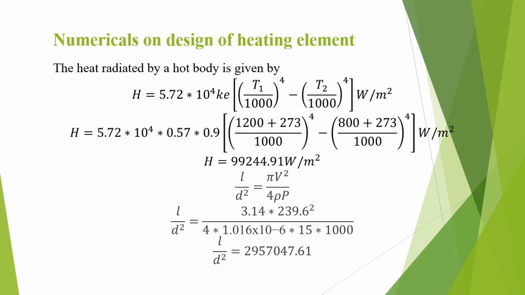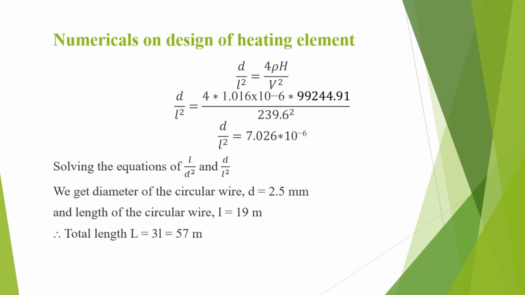Also, we have the equation of L by D square, that is pi V square by 4 rho P. Substituting the values, we get the value of L by D square, and then one more equation, D by L square, that is 4 rho H by V square. Substituting the values, we get the value of D by L square.